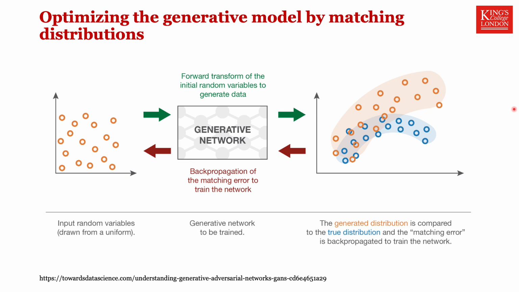But the point that I'm trying to make here is that if you sample a random value and you give it to a generative network, you're going to generate a point in some distribution space, and you now have some points that you might have observed already of real images or real vectors, right? A real true distribution.